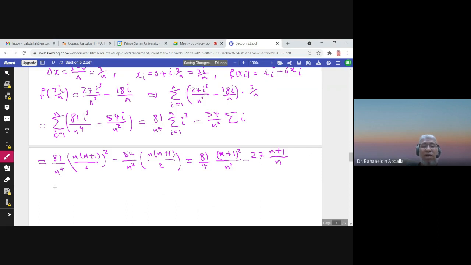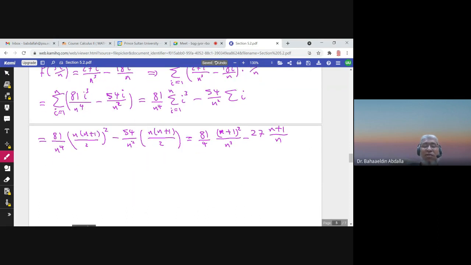And now finally, I can find the definite integral by taking the limit when n goes to infinity of this quantity, which is 81 over 4 times n plus 1 square over n square minus 27 times n plus 1 over n.